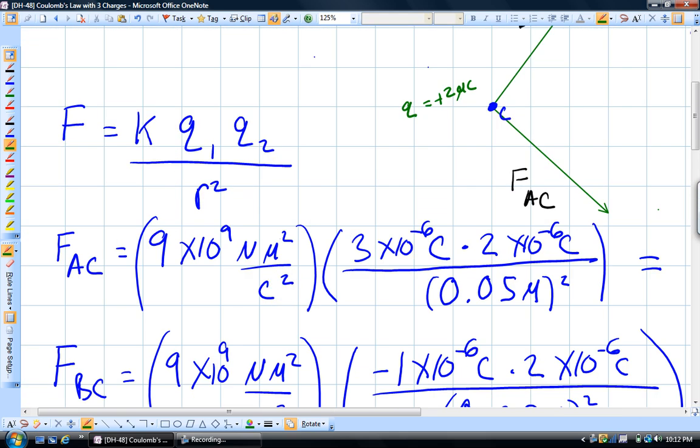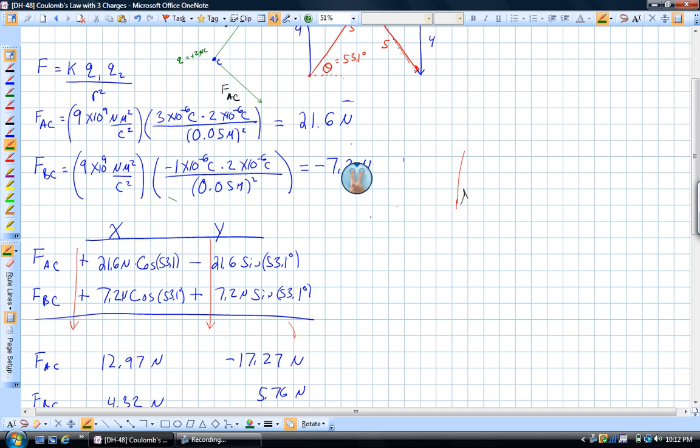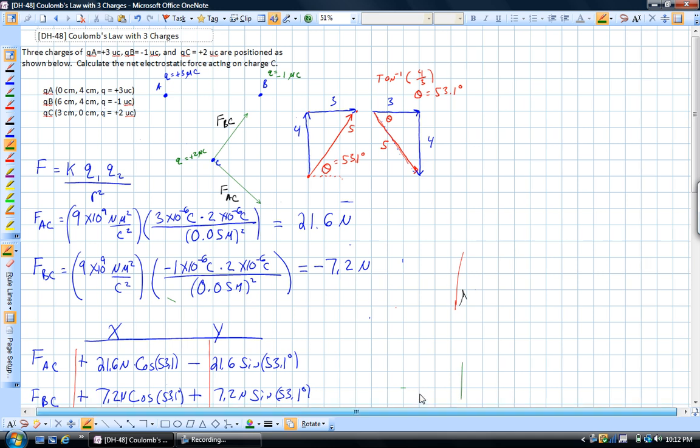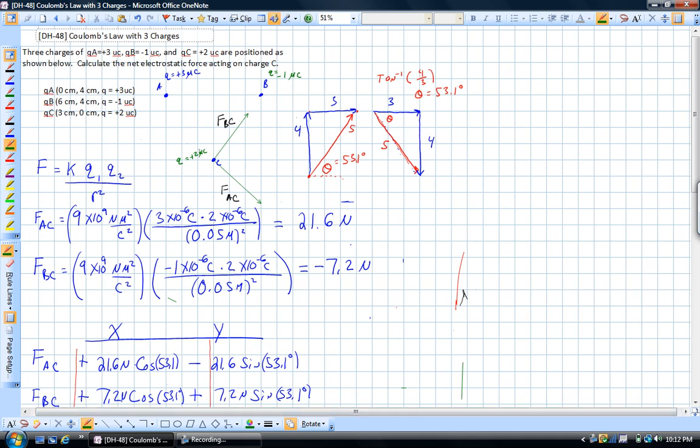So let's zoom out and look at the big picture, so to speak. Here we have 3 charges, and we're trying to figure out the forces acting on the third charge, charge C, from the other 2. Step number 1 is to figure out the distance between C and A and C and B, and to figure out the direction. Step number 2 is to use Coulomb's law for each of those 2 interactions, AC and BC, to get the magnitude of the force.